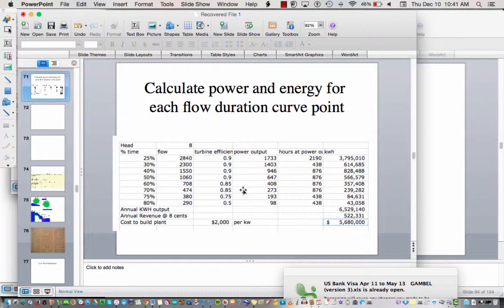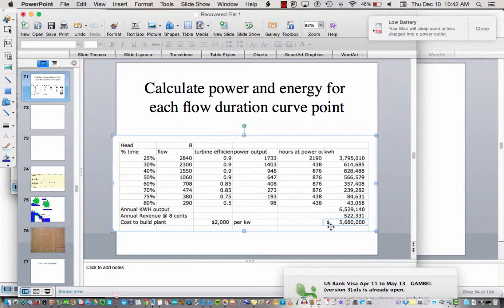I multiplied the flow times $2,000, not the kilowatts times $2,000. So $3.5 million. So roughly 6 years, rough payback, it would pay itself back. And now you throw some expenses in there, maybe 10 years, it'd pay itself back. And then for the next 100 years, it'll produce power.